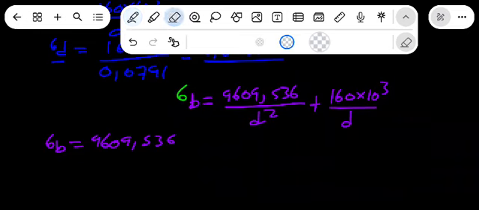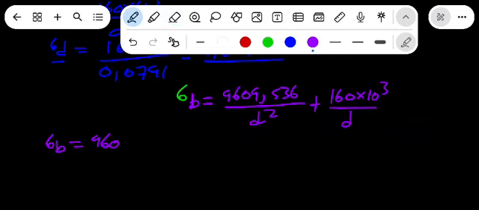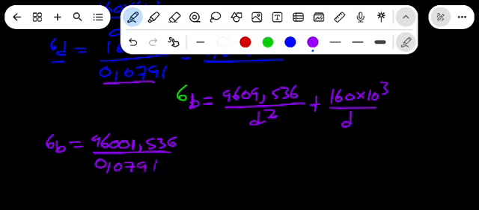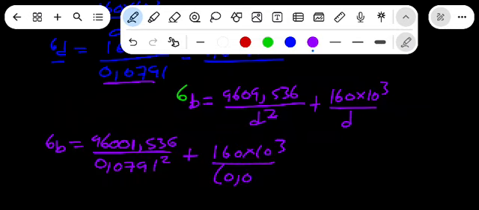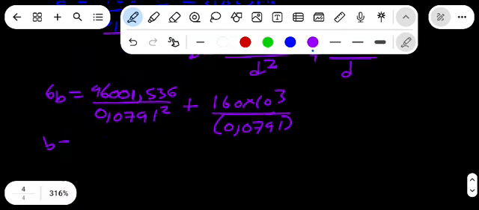This is not 9, it is 001, 536. The depth is 0.0791, but we have squared there, so we square this, plus 160 times 10 to the power of 3 divided by 0.0791.